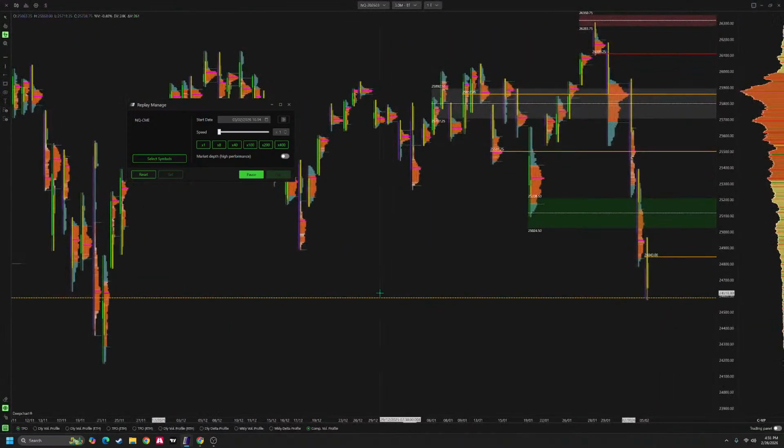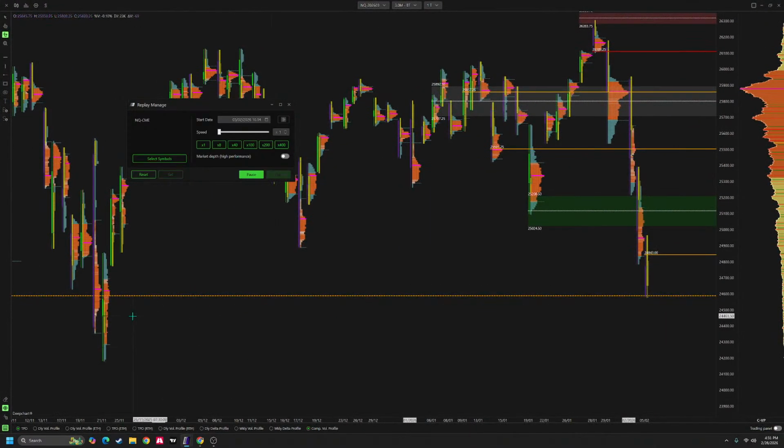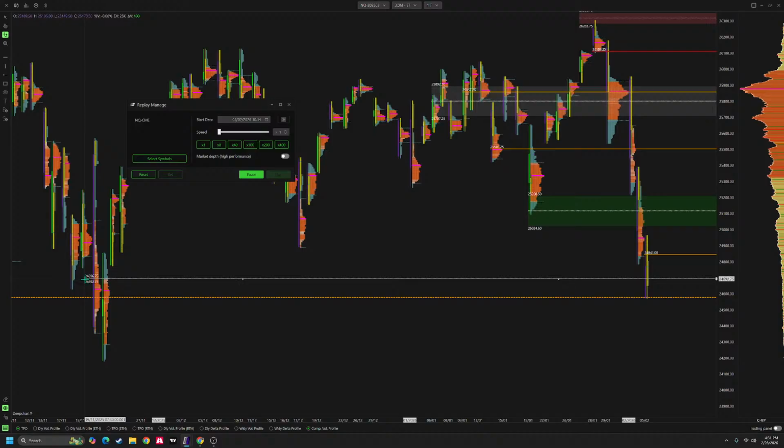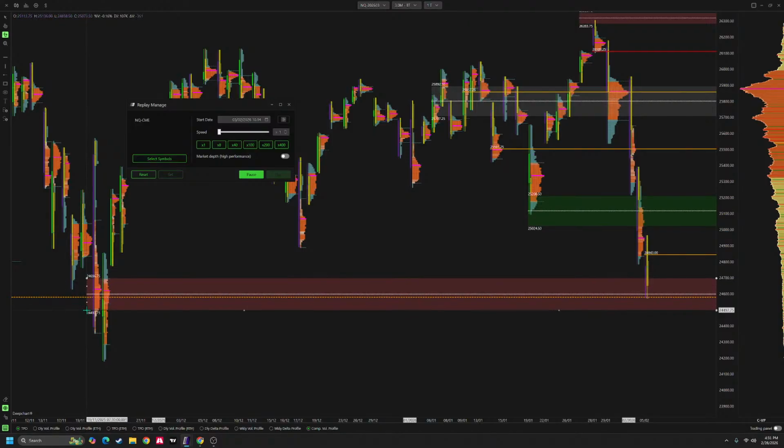So I'm going to pull this over. If you look on the 90-day profile, we're currently down here in this value area. Logical turnaround point somewhere in here.